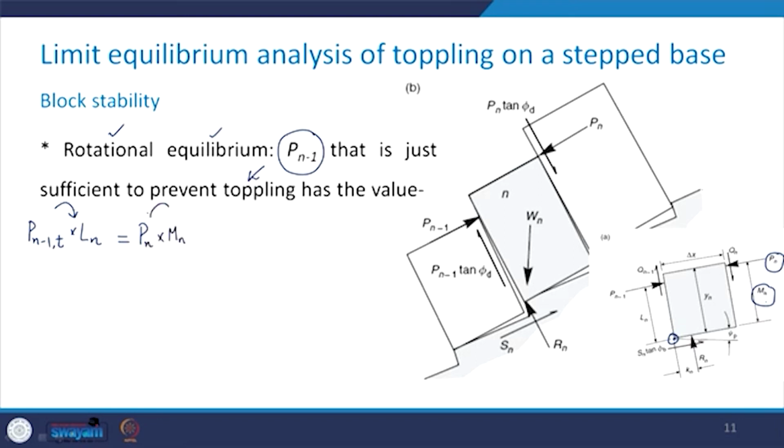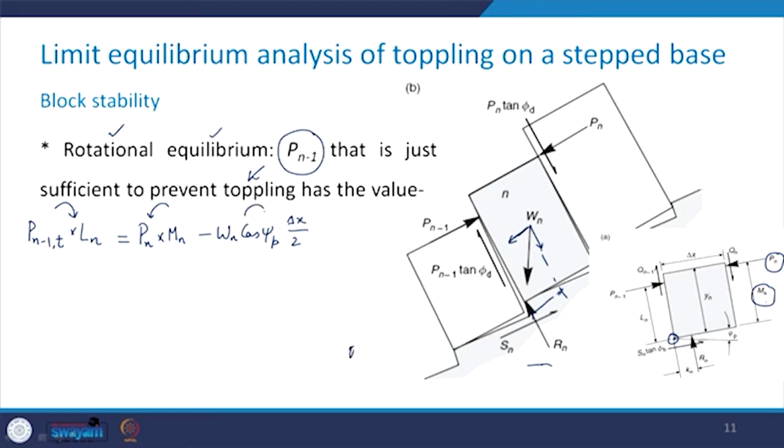Then the weight components: you will have these two weight components, one like this and another one like this. One component is Wn cos of psi p, and it is acting at a distance delta x upon 2, and this causes the moment in the clockwise direction.